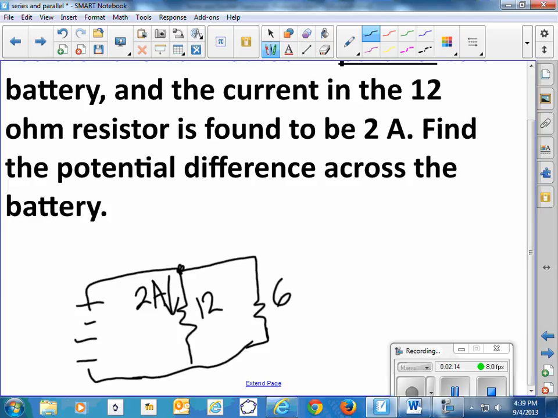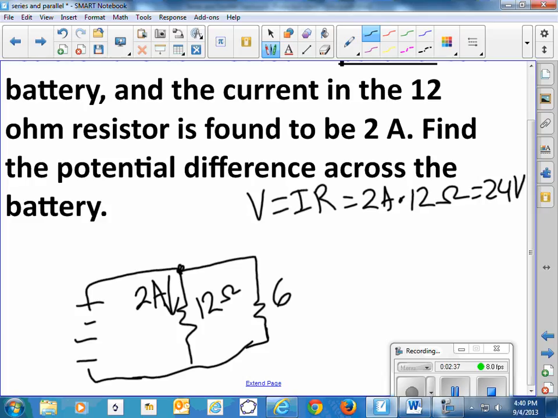Well, we said that the voltage is equal to current times the resistance, and we have both of those now. We have 2 amps times 12 ohms. That equals 24 volts. So that battery must be 24 volts.